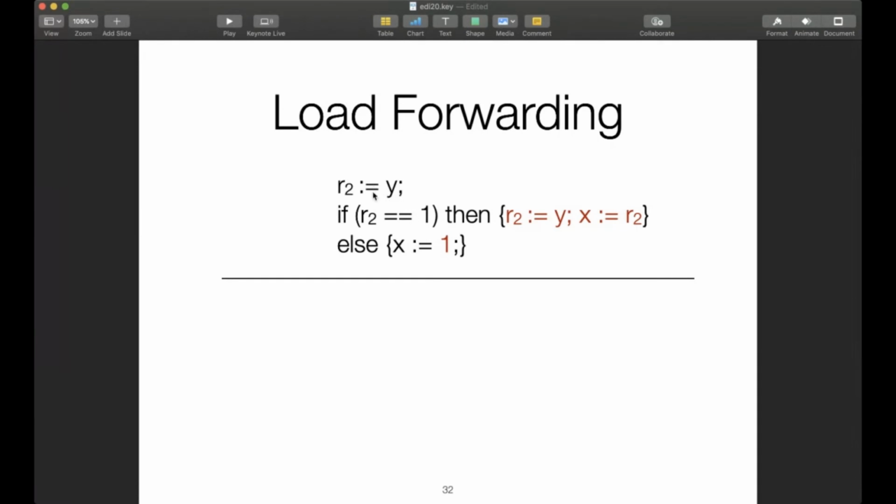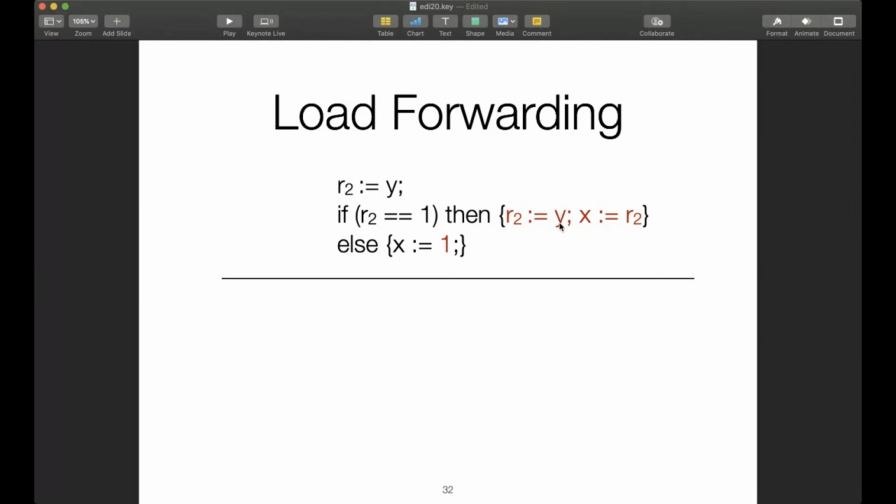So the load forwarding optimization here would spot that you've already loaded Y once. Why not simply reuse the value R2 here? And because we've checked that that R2 must be 1, why not have the value 1 here?